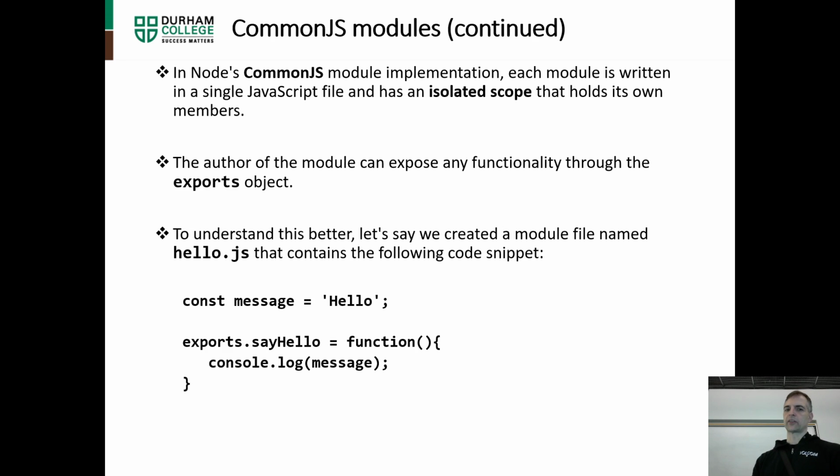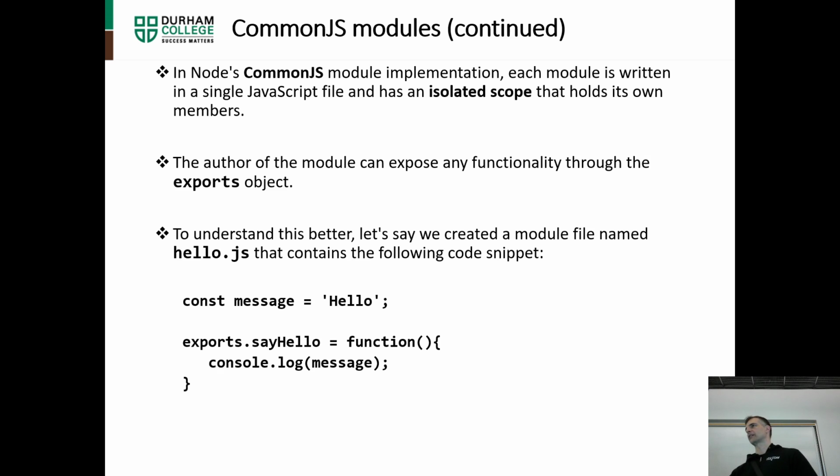Here's an example of this. Let's suppose I have a file called hello.js, and I have this constant, my message is hello. And I have a little function called say hello. If I put the exports keyword in front, exports dot say hello, what am I doing?